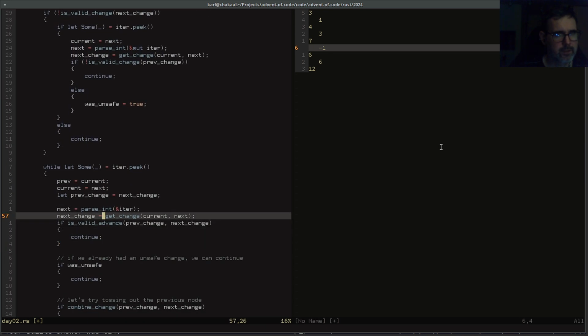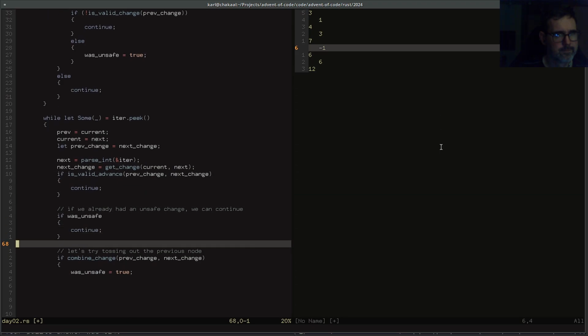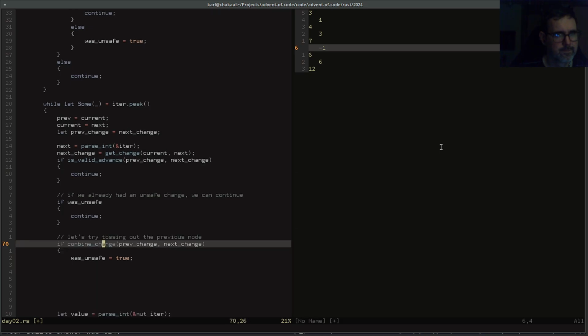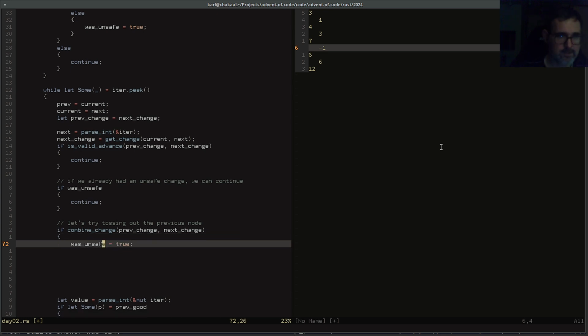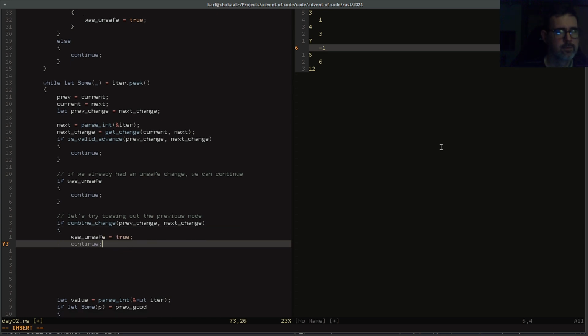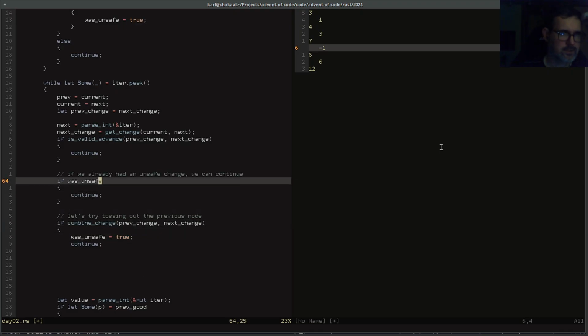So what we'll do here is, if you can combine the change, then we said wasn't safe, and actually this isn't a continue.